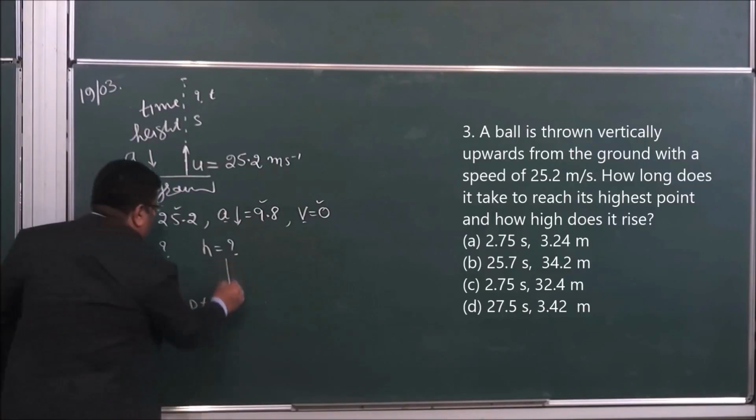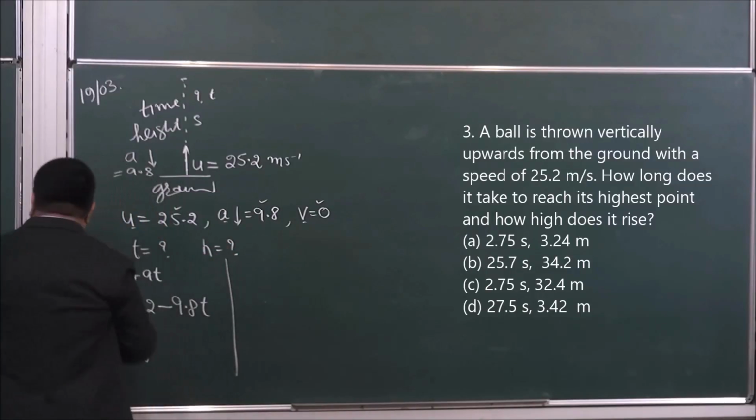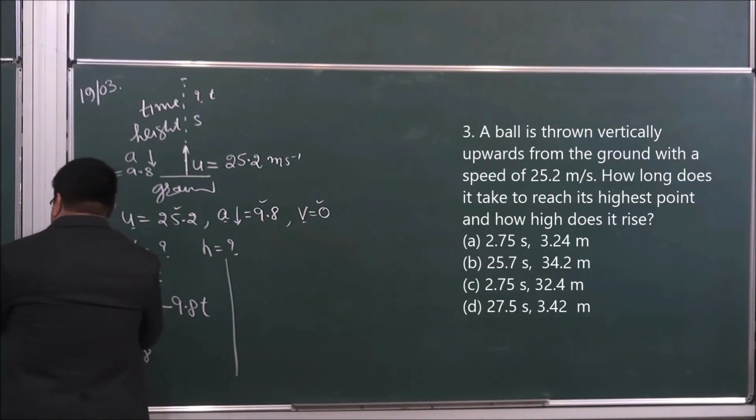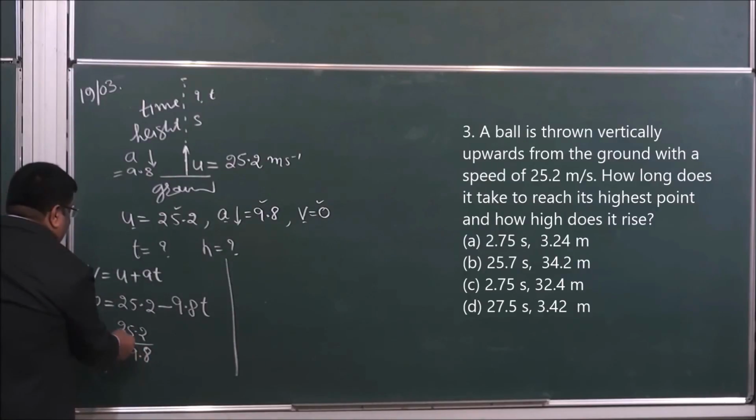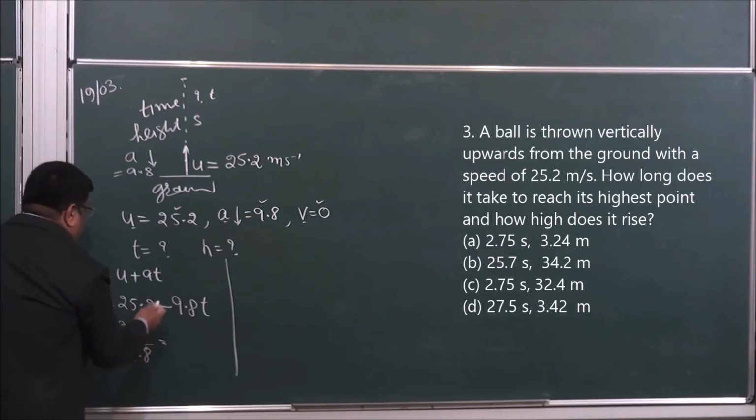Now, what is the value of height? If you divide 25.2 by 10, it will be 2.5. But if it is 9.8, it will be slightly more than 2.5.